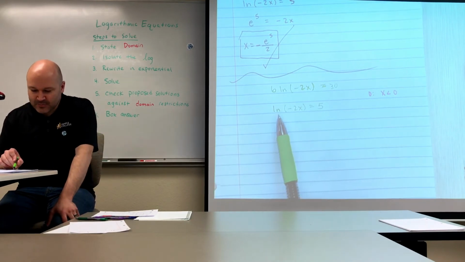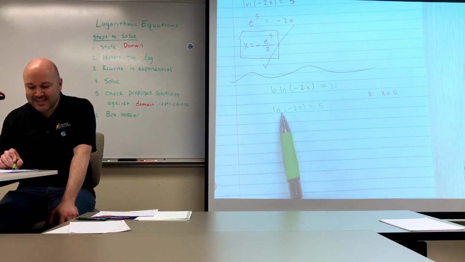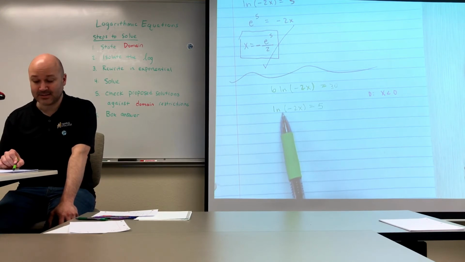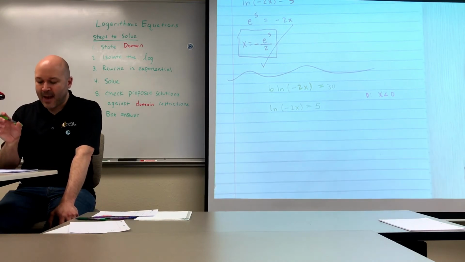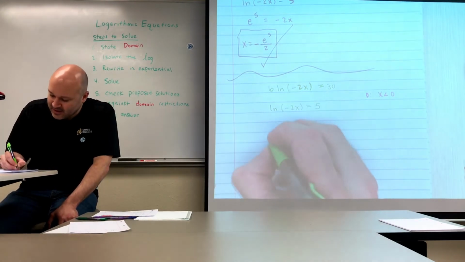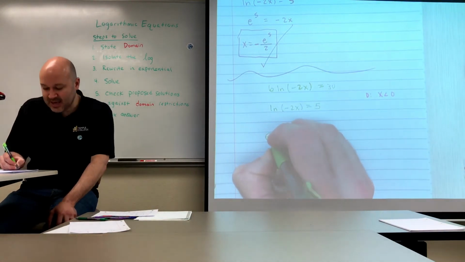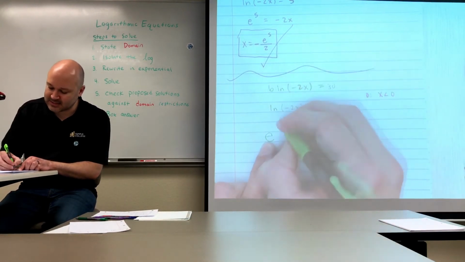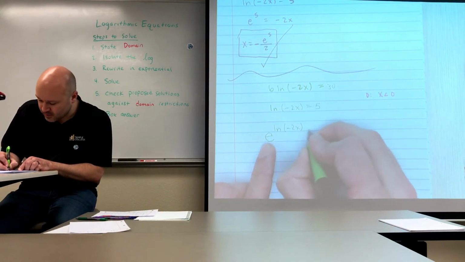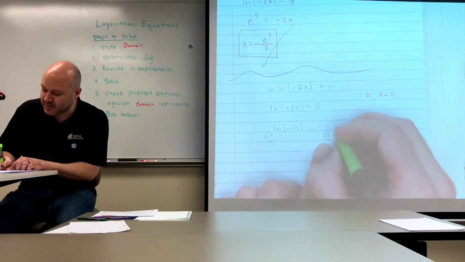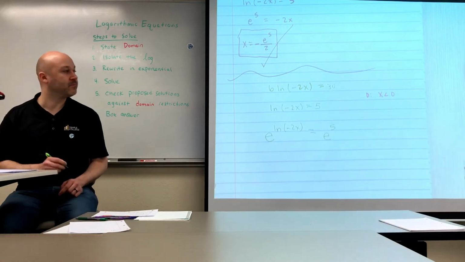Now, it would be strategic to choose e as my base because I have this natural log, base e, on the left-hand side. I'm going to do that. I'm going to say on the left-hand side, I have e being raised to this power, equaling e being raised to the 5th power.